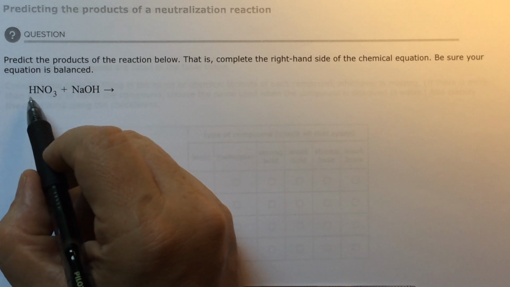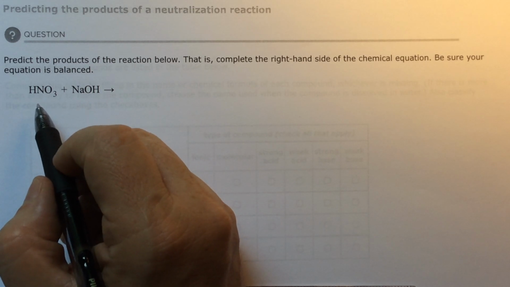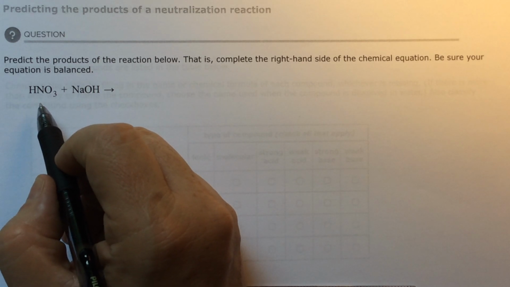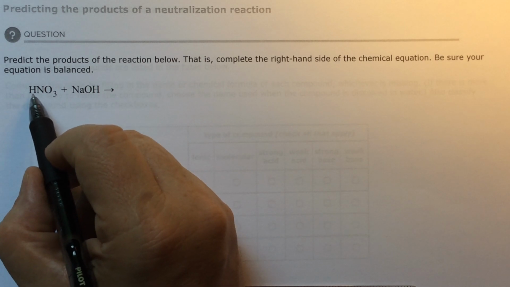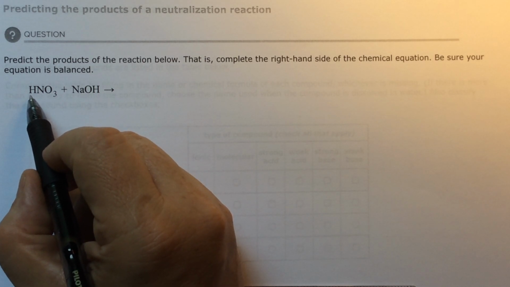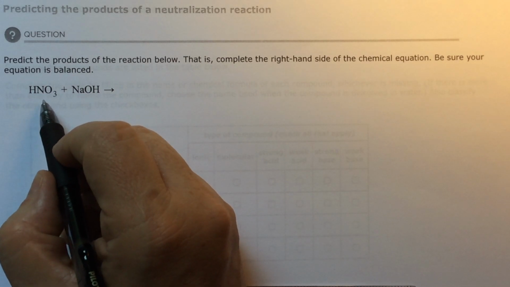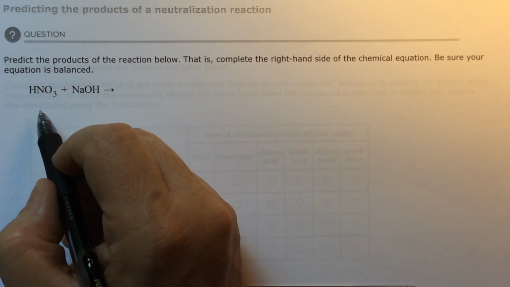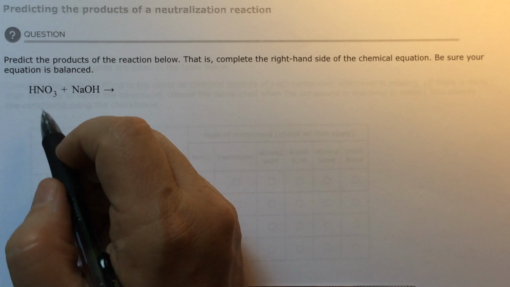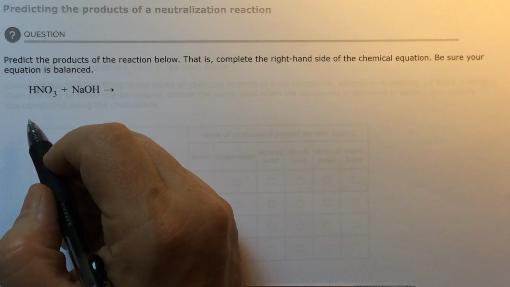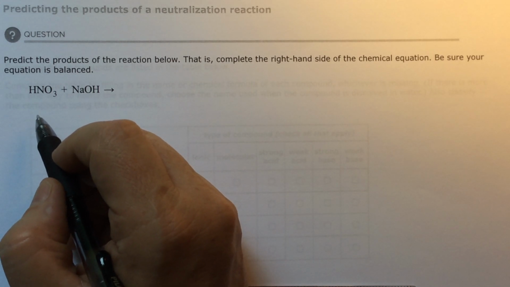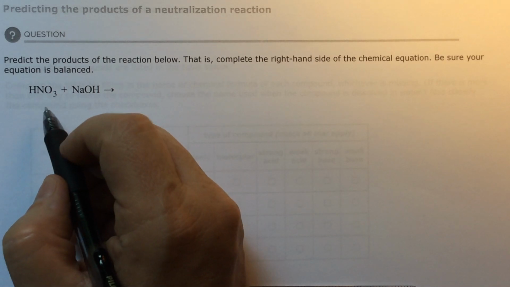But strong acids will also dissociate into ions, which means that this hydrogen is going to lose an electron and become a hydrogen plus, and that nitrate is going to be a NO3 minus. Okay, so you're going to get a charge. It's going to act just like it were ionic. Then when you put this in water, it totally breaks apart, 100% of it breaks apart into ions.